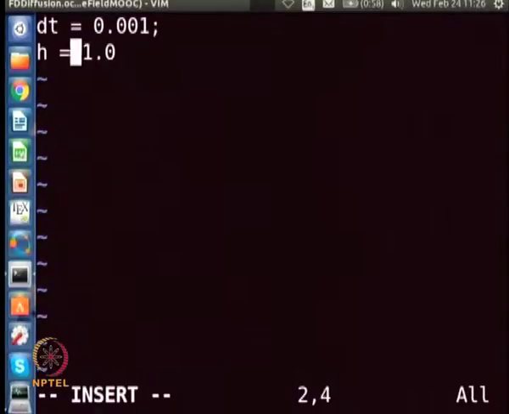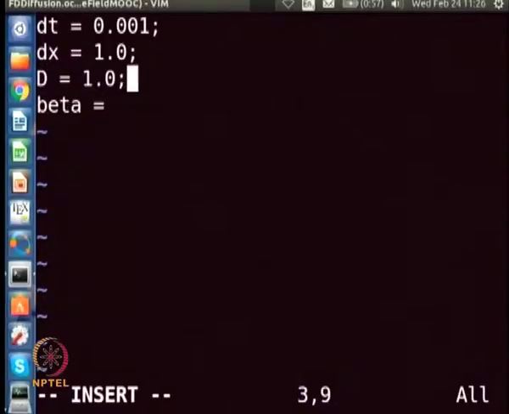Let me call it as dx, so it is easier for us to follow, dx is 1, and I am going to call beta as this D times, and let me define D as 1. So, D delta t by delta x squared is beta. That is D into dt by dx into dx. So, that is my beta.